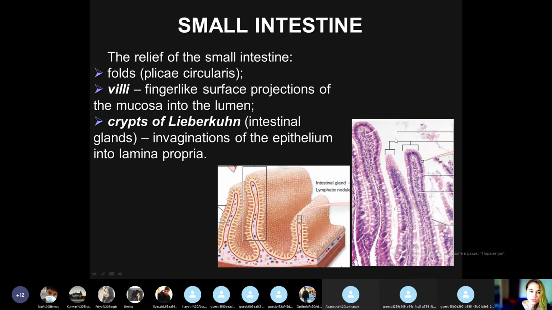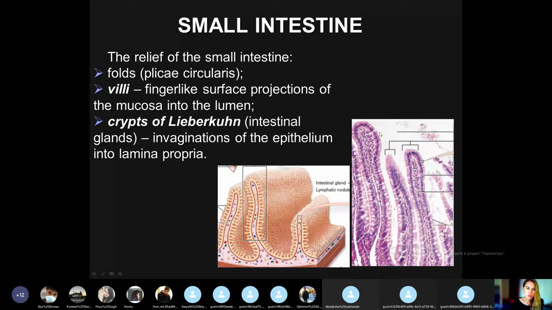If we look at this diagram and the specimen, we can see the specific relief of the small intestine. The first feature that will help you distinguish it from the stomach is its specific relief. We can see that the small intestine has the plicae circulares or folds.